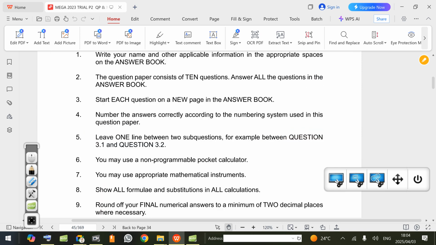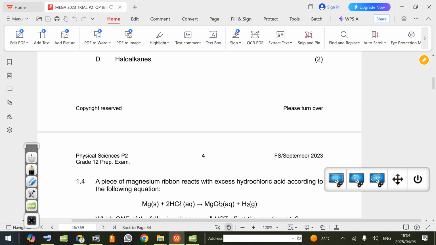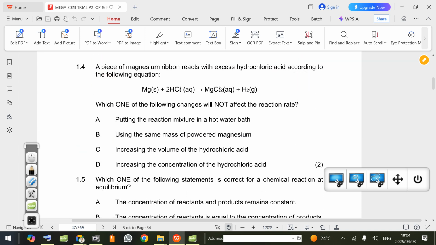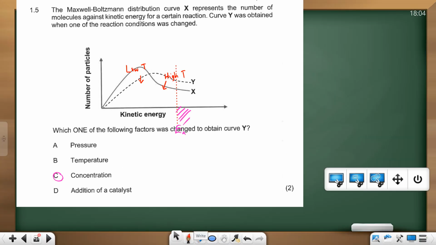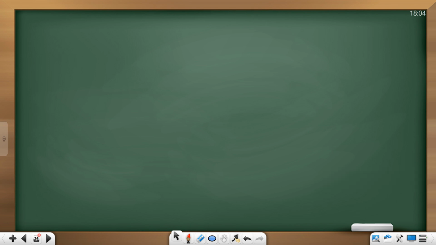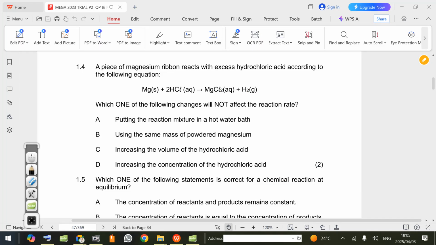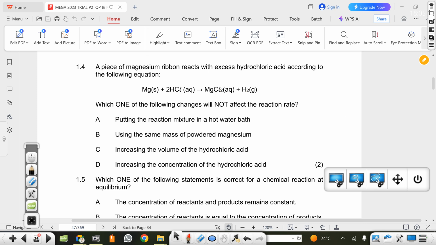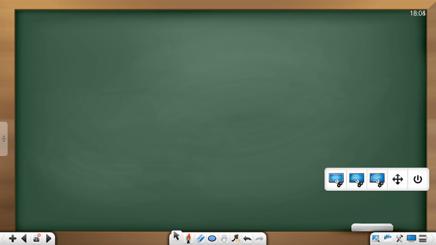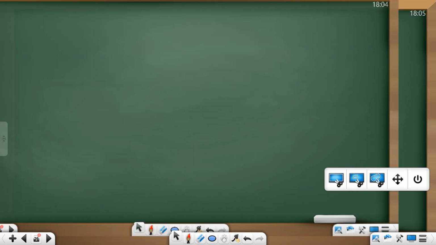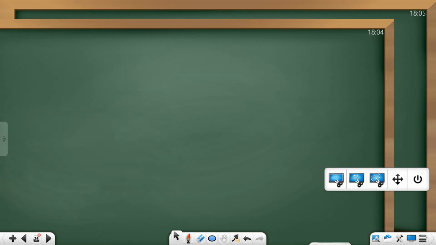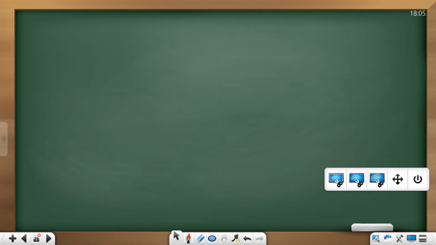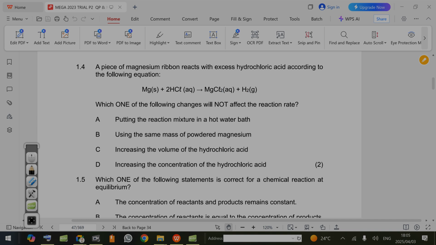Where are we? Free State. I think this document has about 20 questions. 1.4. Multiple choice. We are not running away from any answer, any question. 1.4.